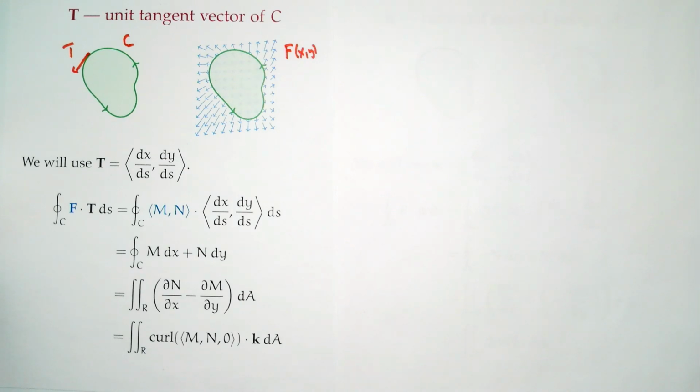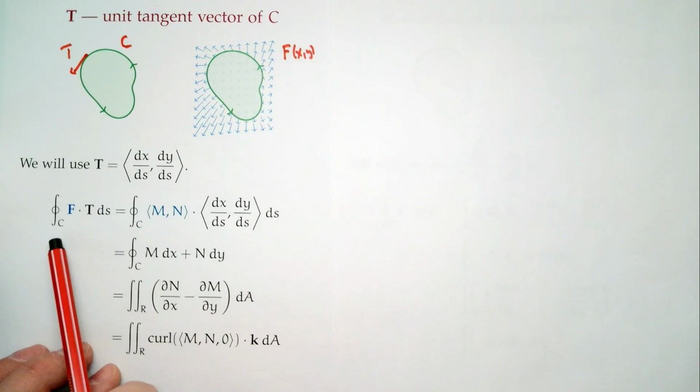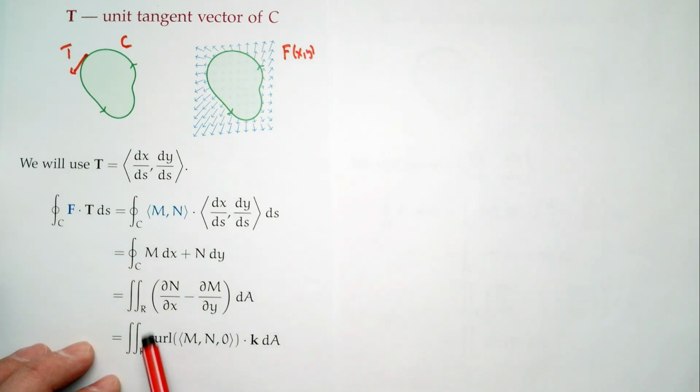But we need to grab just the third entry because the curl is a vector. So what we'll do is grab the third entry by doing a dot k. So dot k says, all right, just grab that third component. So if I want to integrate on the boundary of F dot t, that's the same as integrating in the region this curl of M, N, 0 dot k.